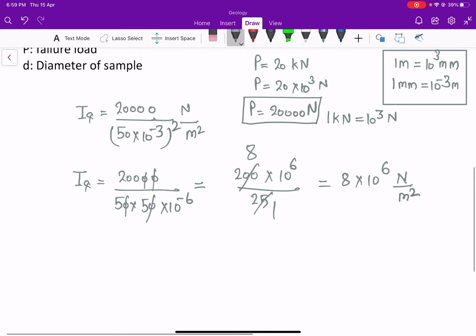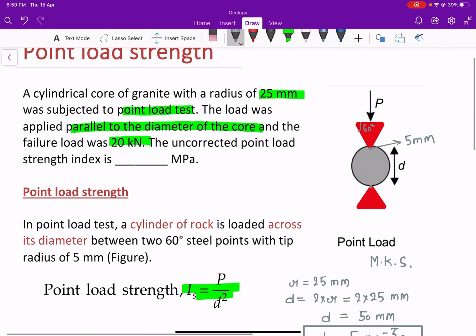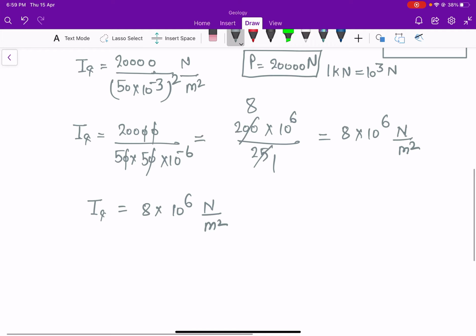Now Is is equal to 8 into 10 to the power 6 newton per meter square. We need the answer in megapascal. 1 newton per meter square is equal to 1 Pascal, that is Pa.